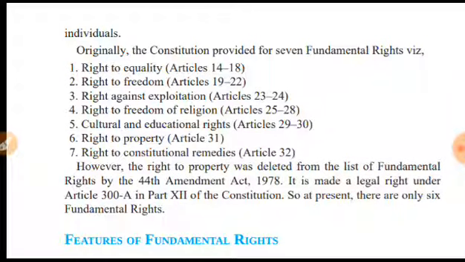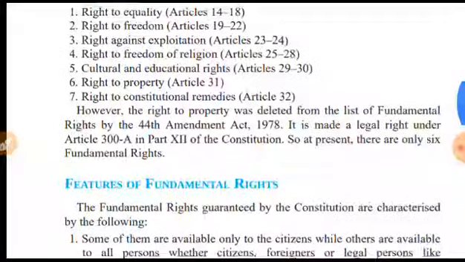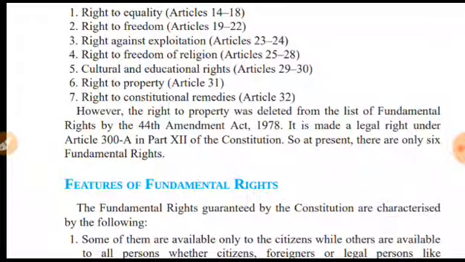And cultural and educational rights are article 29 to 30, right to property is article 31, and right to constitutional remedies is article 32. Please remember, however, the right to property was deleted from the list of the fundamental rights. Which article was deleted?